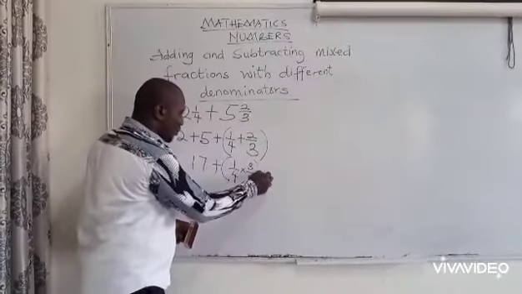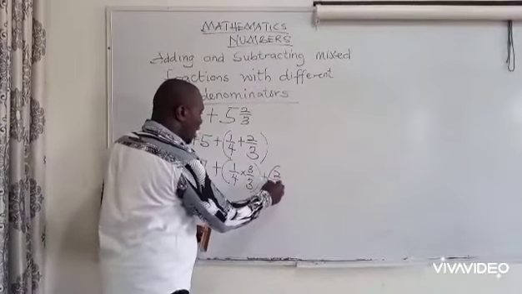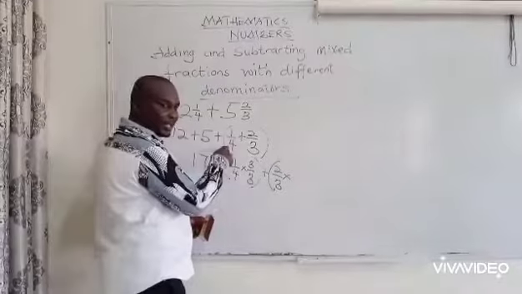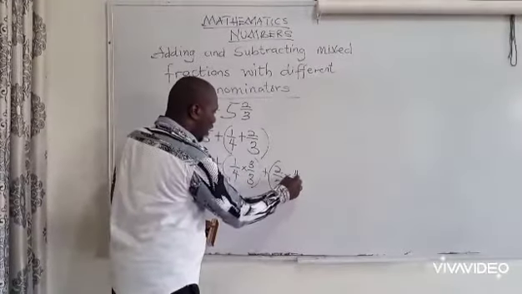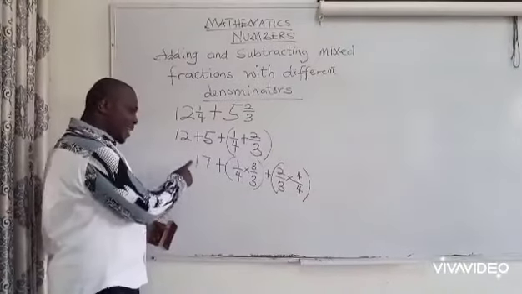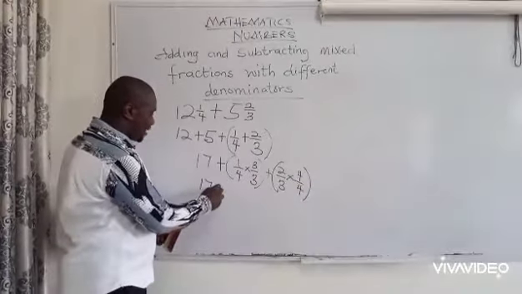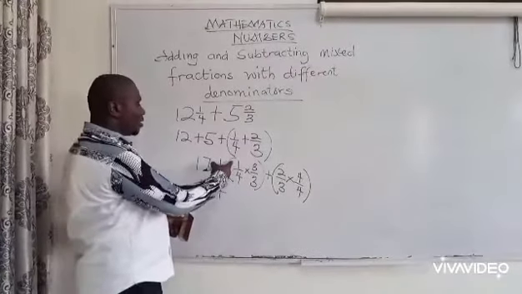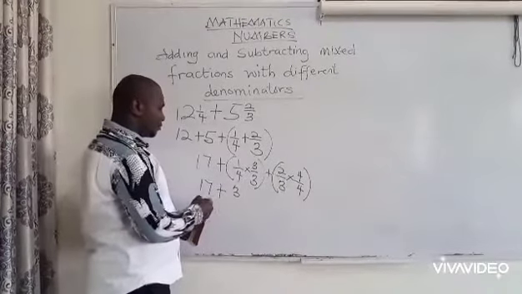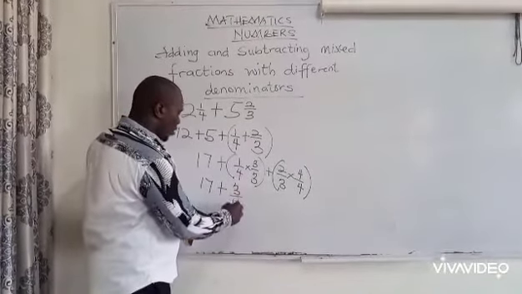Then plus 2 out of 3 times our first denominator. That is 4 out of 4. Please don't forget your whole number. 17 plus 1 times 3, which gives us 3. 4 times 3, which gives us 12.